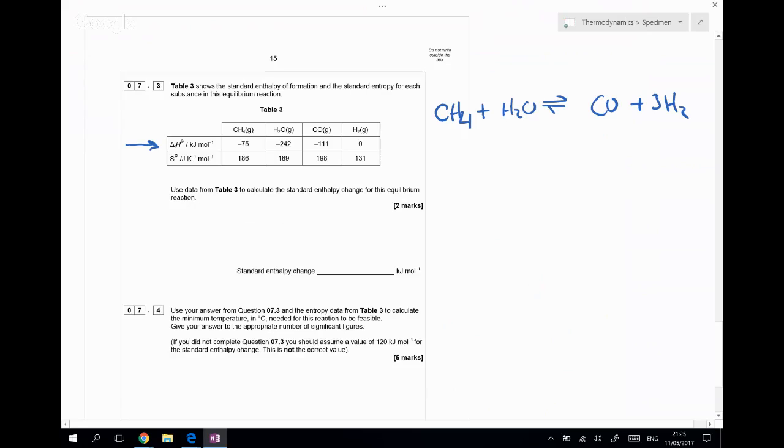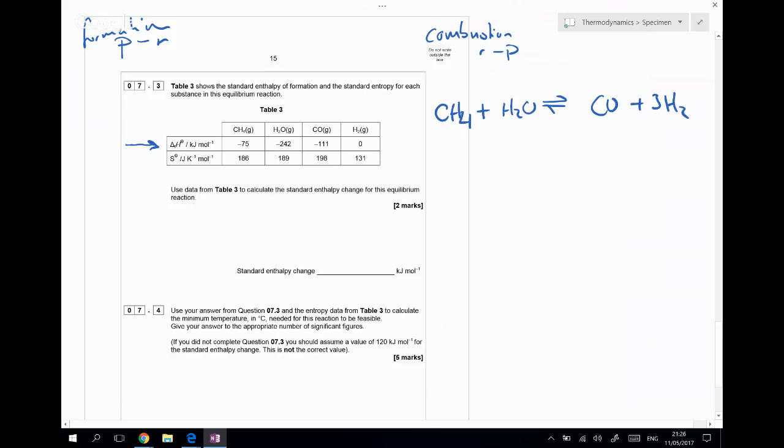This is actually synoptic because working out the enthalpy change of a reaction using formation data is an AS question. If we've got formation data, it's products minus reactants. Remember, if we had combustion data here, it would be reactants minus products. But because we've got formation, it's products minus reactants.